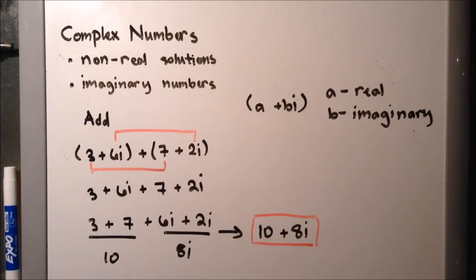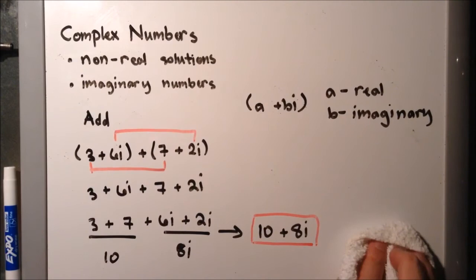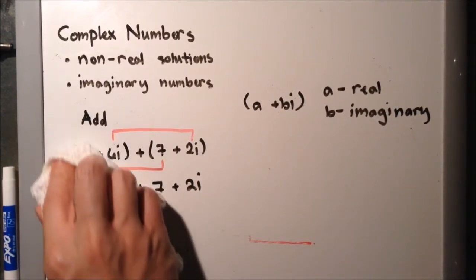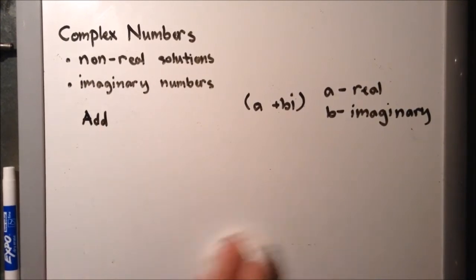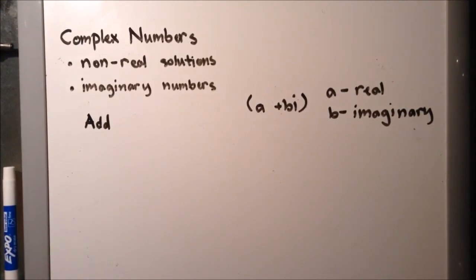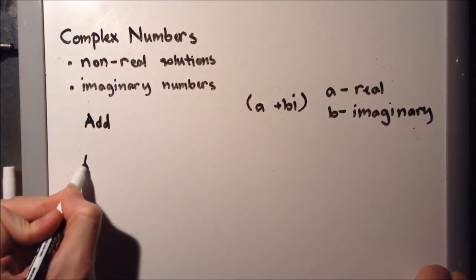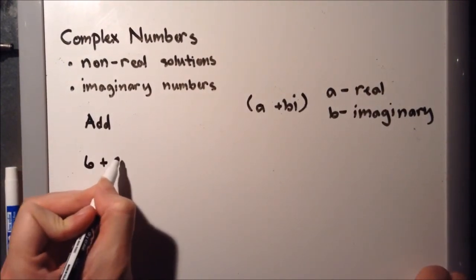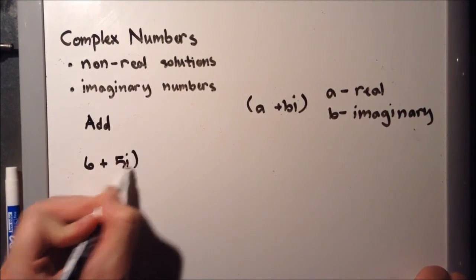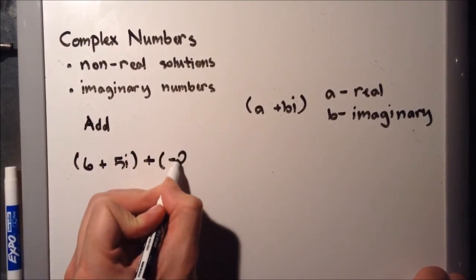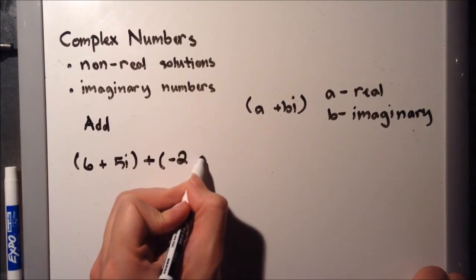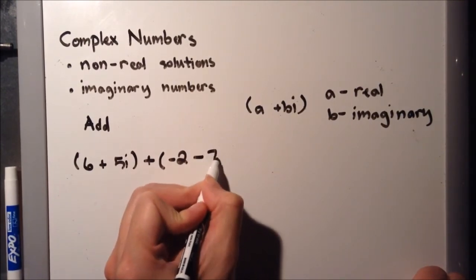So let's see what happens if it's a negative number. So say we have 6 plus 5i plus negative 2 minus 7i.